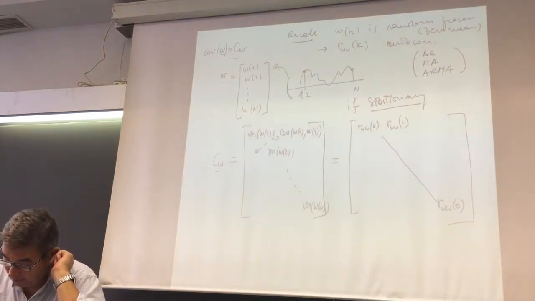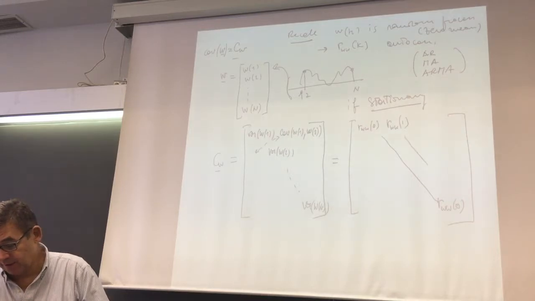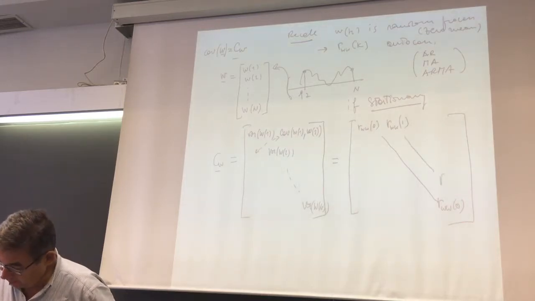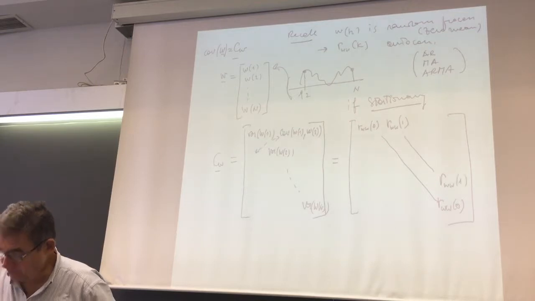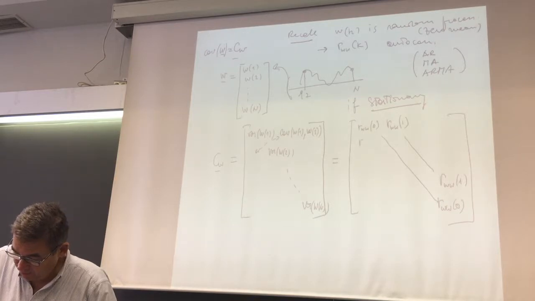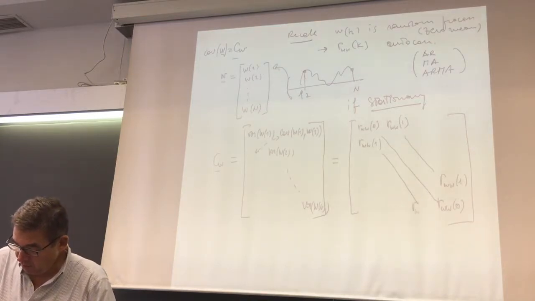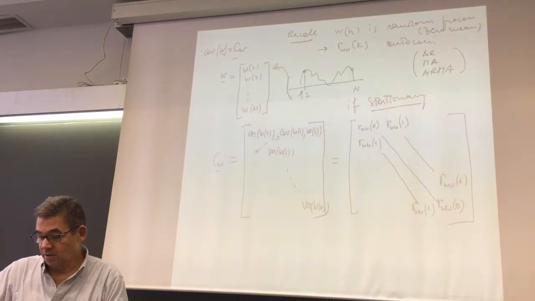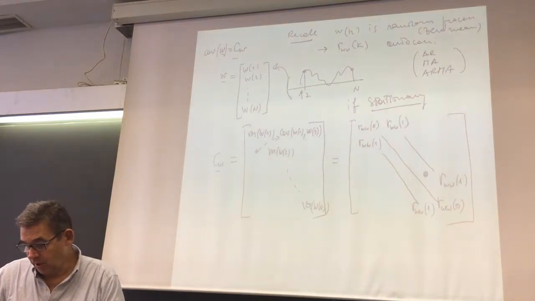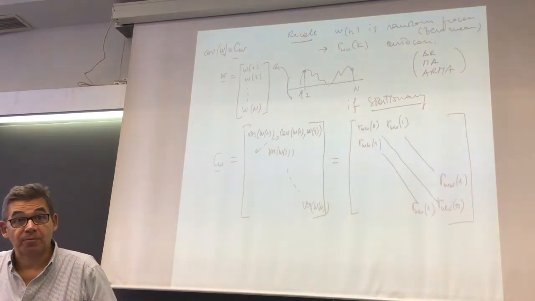And since all the samples along the upper diagonal are the same, they are all RWW1. And because of the symmetry, since the process is real, this is equal to RWW1, the same all along the lower diagonal. This is called the upper diagonal, this is called the lower diagonal. They're all the same.